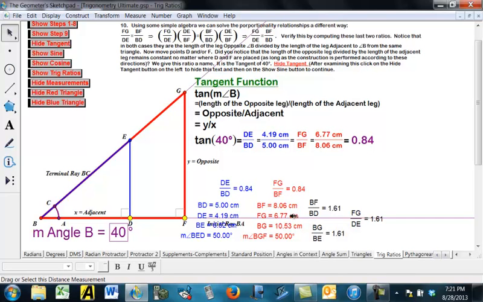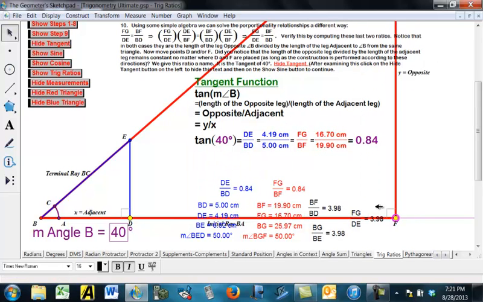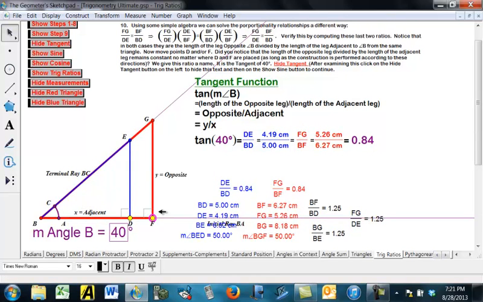Over here we had the 6.77 on the top, and we divided by 8.06 to get 0.84. Notice you get the same number, and notice it doesn't matter where we put this. When we do that division, we get the same number. They're both changing, but they're changing at the same rate, so they're canceling out. So this constant here is 1.33. That's our proportionality constant. Okay?